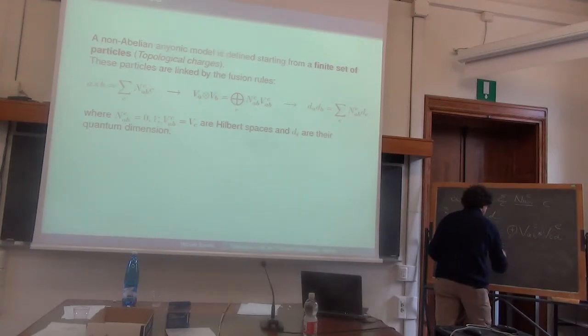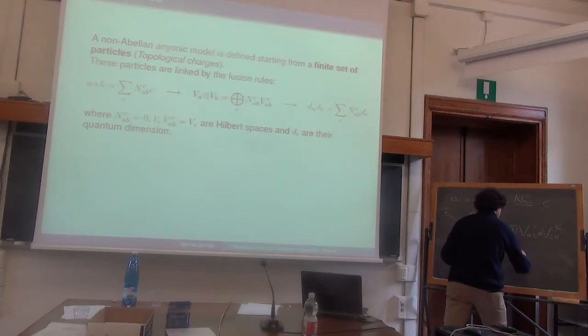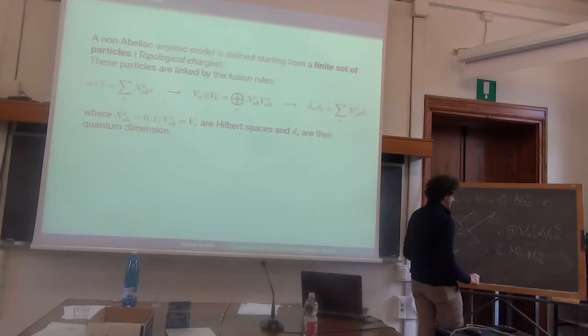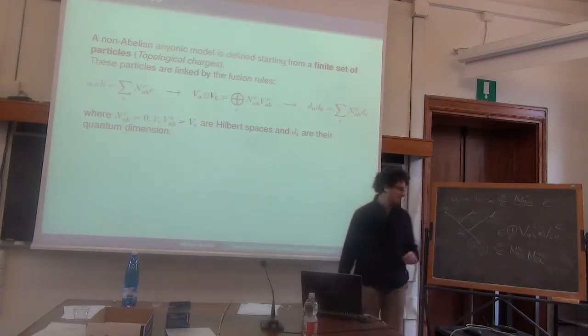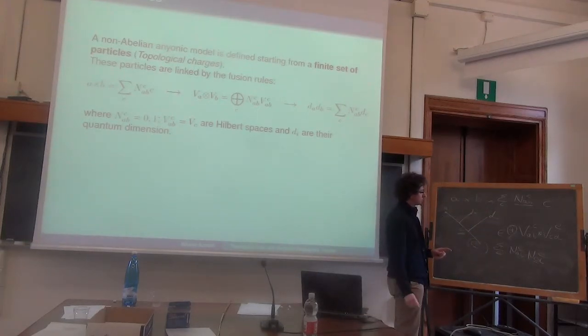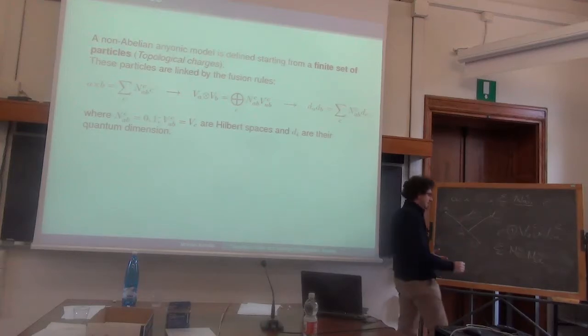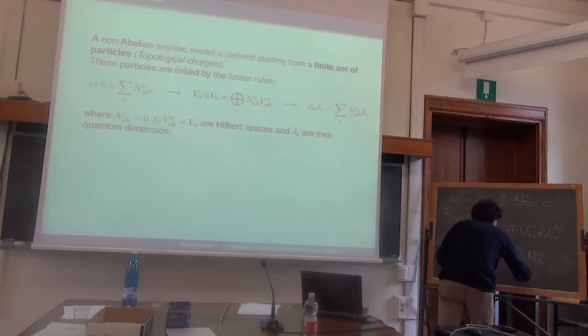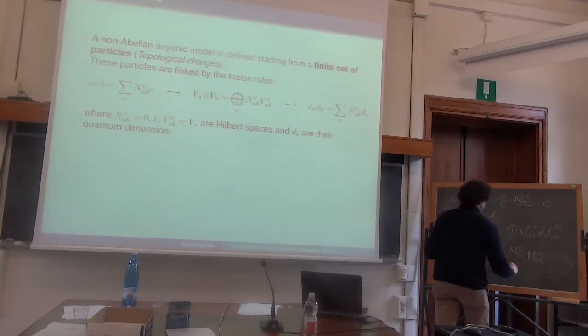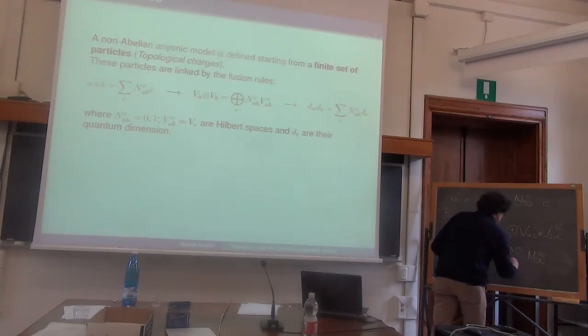It's just the sum over C of N_AB^C N_CD^E. So here I am summing over this index, and this allows you to represent this as a sort of matrix in which first I consider the addition of charge B to the system where I was in A. So consider this as a matrix.